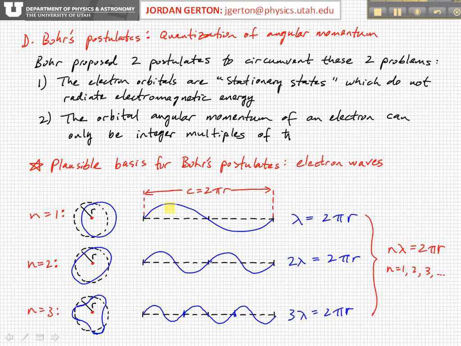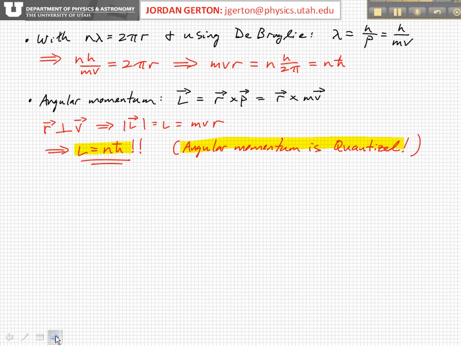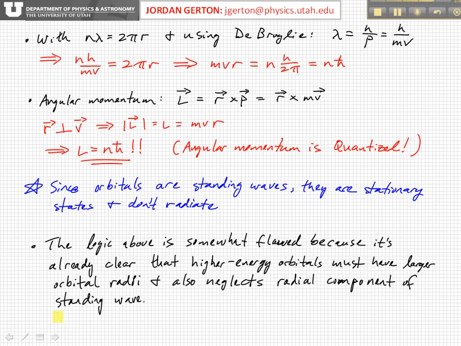That is, the nodes and antinodes fluctuate up and down, so like any wave it fluctuates in time, but it's stationary in the sense that it's not traveling anywhere. Okay, and so by definition, standing waves are stationary states, and so it's at least plausible that these wave-like orbitals don't radiate.